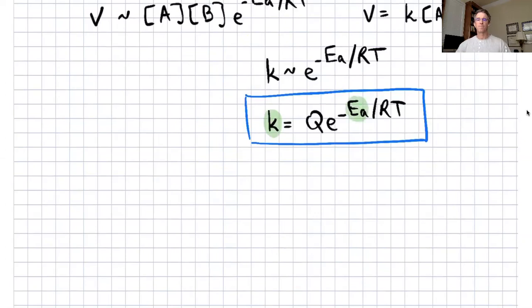So the size of that rate constant is now directly related to a physical property, the energy of the collision. The bigger the collision energy, it's e to the minus, the smaller the rate constant. The more energy it takes, the smaller fraction of the population at a given temperature can actually react.